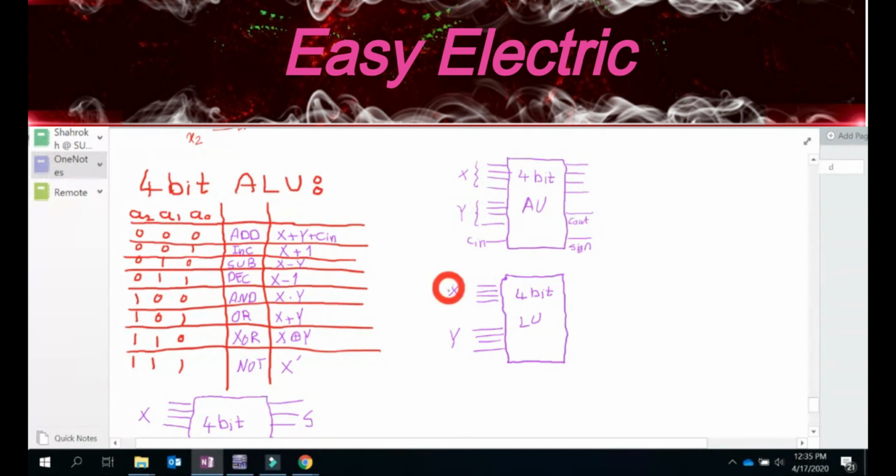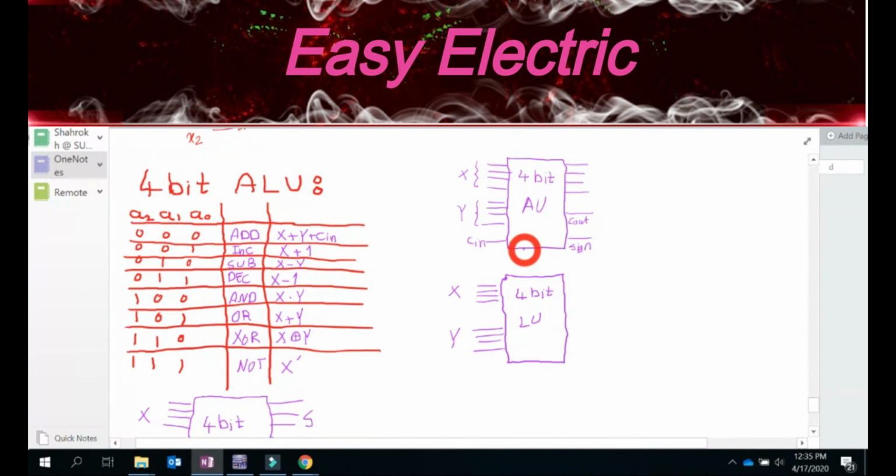So these X are connected to these X. I don't want to make the drawing very busy and nasty, so for that reason I just put these two separately. This is X, X, this is Y, Y. Definitely these are connected to each other and you have just one X for the whole unit.